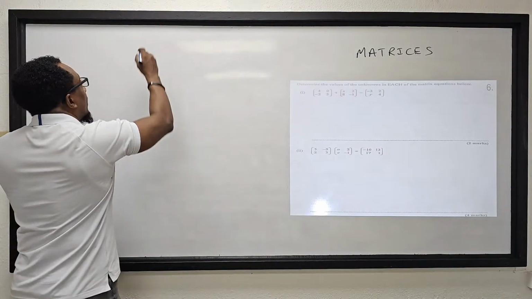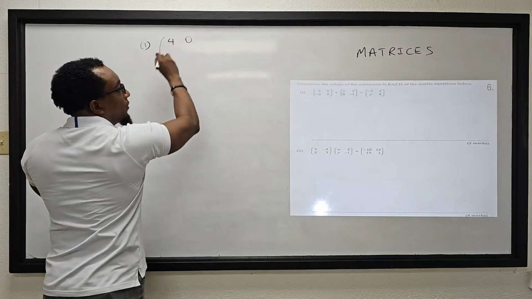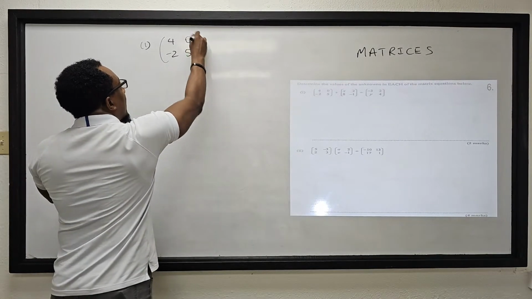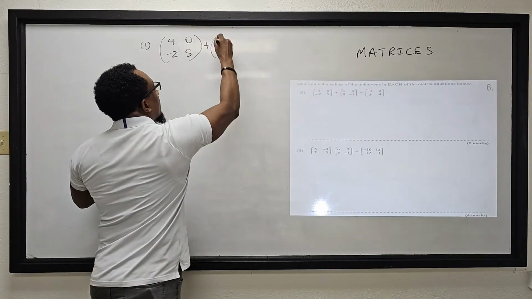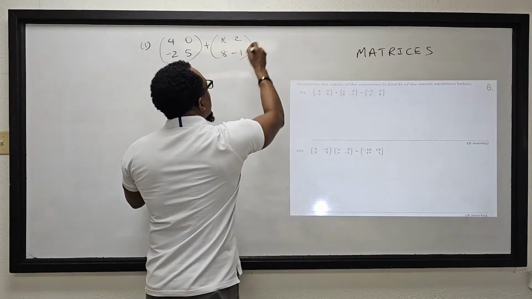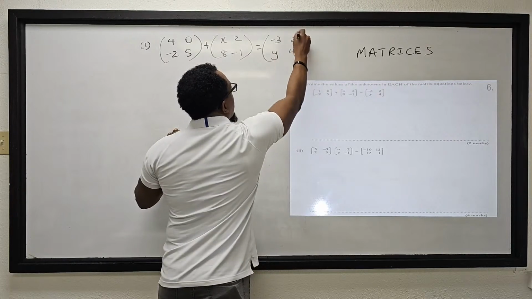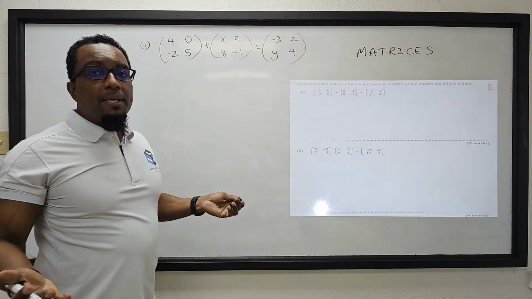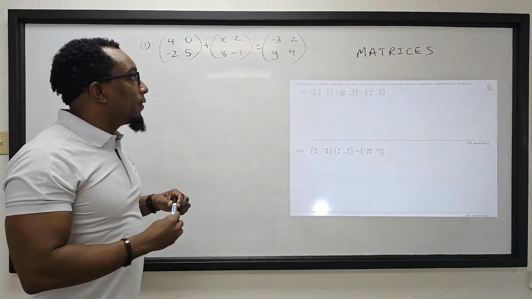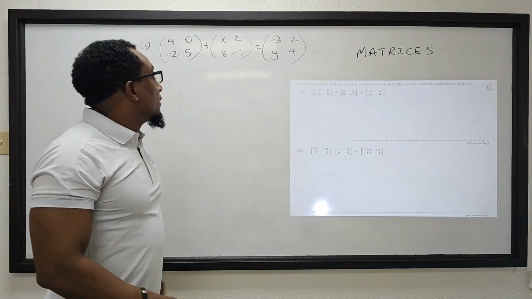So you have this matrix equation: 4, 0, negative 2, 5 plus x, 2, 8, negative 1 is equal to negative 3, 2, y, 4. So that is a matrix equation, and what you want to solve for is the unknown values, which are x and y. Good? So we're going to solve.